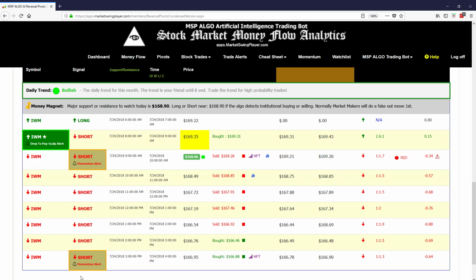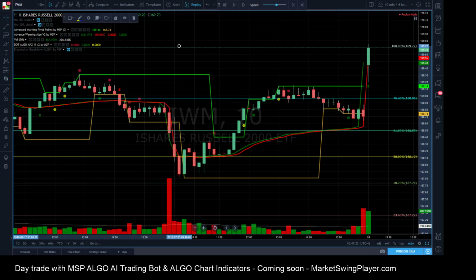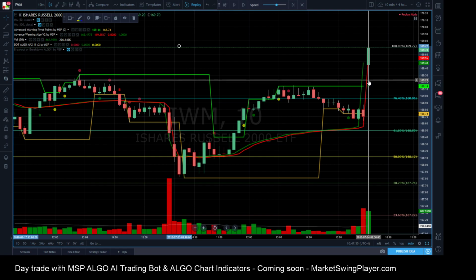Now, let's look at the chart. Okay, so I'm looking at my chart, and this is the 24th of July at 0930. And the market's about to open up any second now.